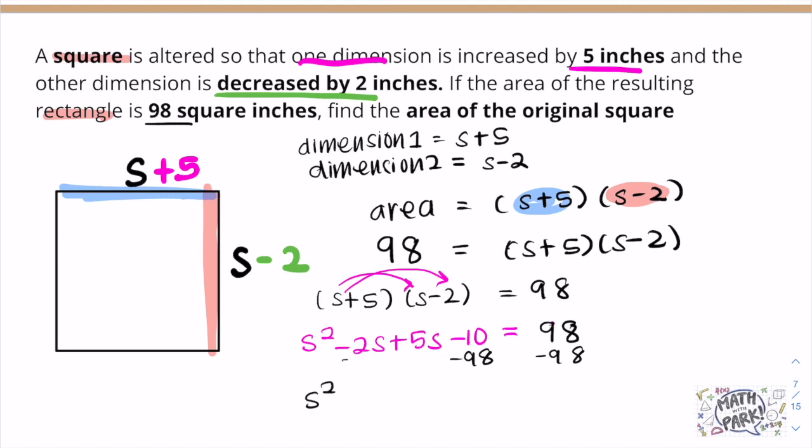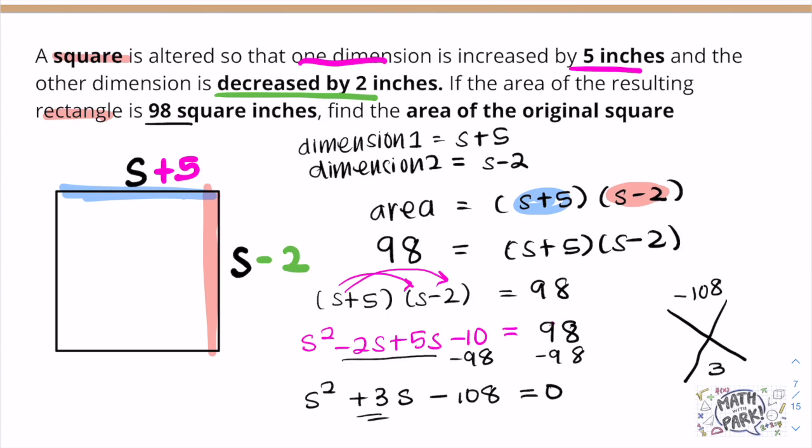We can simplify negative 2S plus 5S, which is 3S, minus 108 equals 0. If we do the X method, 12 times 9 is 108. So negative 108. And we know B has to equal 3. So it's negative 9 times positive 12, that equals negative 108. And if we combine it, it's 3.